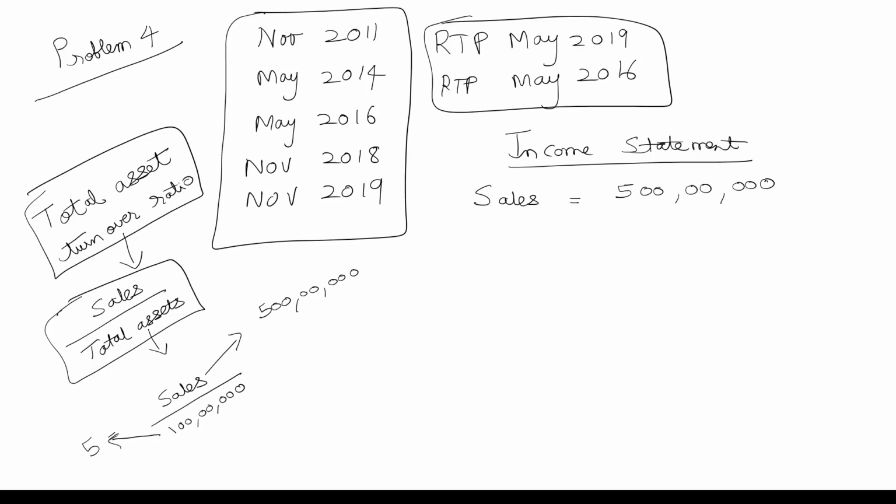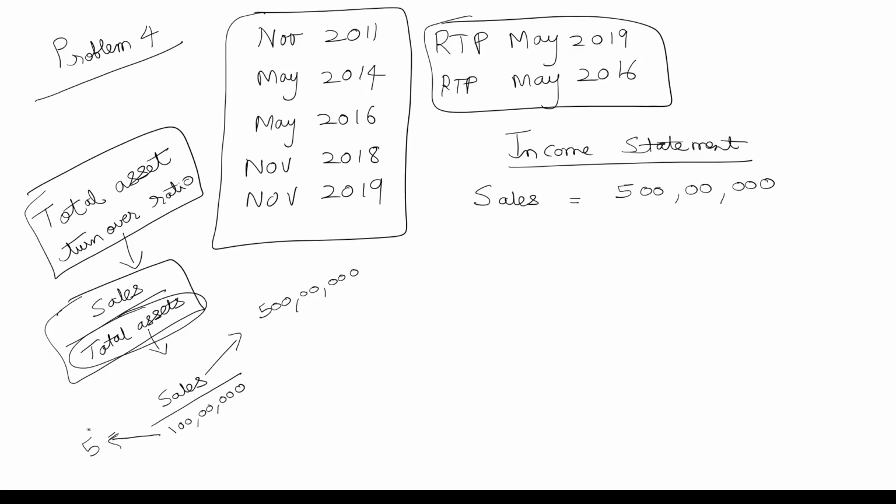Now, before I go ahead with the remaining part of the income statement, let's take a quick look into what this ratio would mean. This ratio looks at the relationship between the total assets deployed in the business and the sales that the business is able to generate. The assets are what help in the generation of sales, and the relationship between the assets deployed and the sales generated is measured by this ratio.